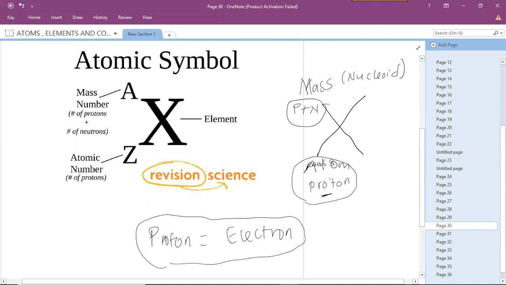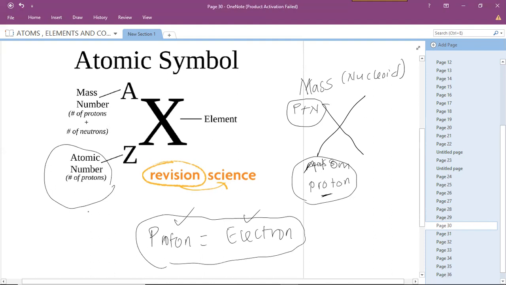But please, the number at the bottom is not the number of electrons. It's the atomic number, which denotes the number of protons found within the nucleus. An atom is electrically neutral, so the number of protons has to be equal to the number of electrons.